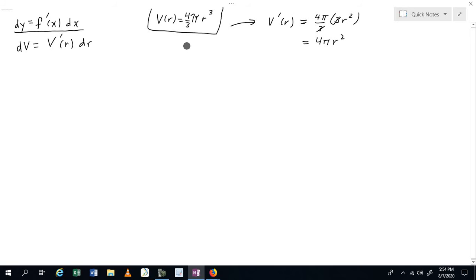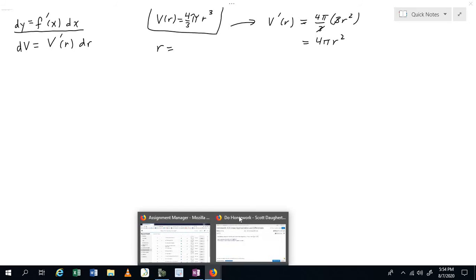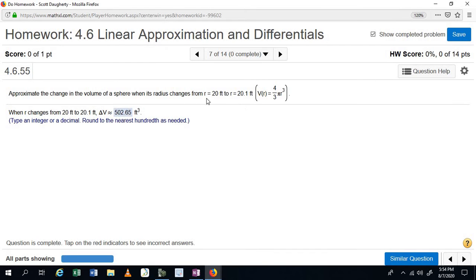So there's actually three things you should probably determine up front. The first one is what function you're going to work with. In this case, v of r is the formula for the volume of the sphere. Now r is the next thing you should decide. R is the r that you start with. The radius started at 20 and then changed to 20.1. So the r value is the initial r value.